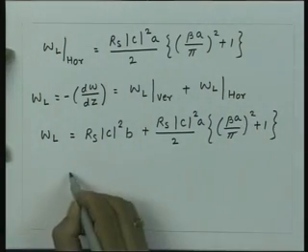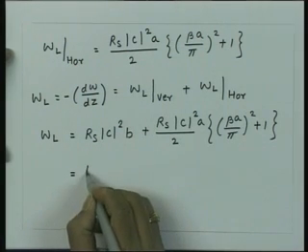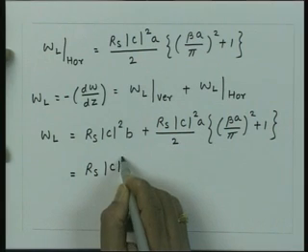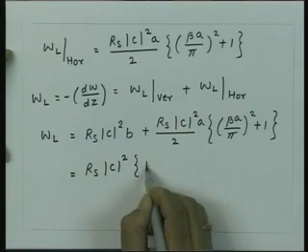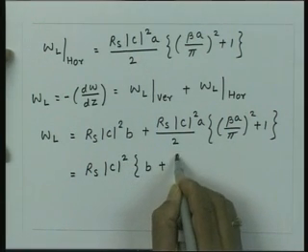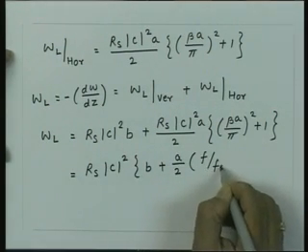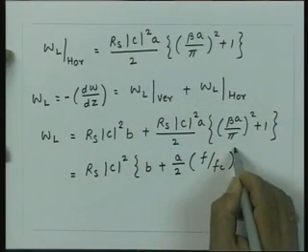So, if I do some rearrangement and write this expression, this loss is Rs |C|^2 times b plus a upon 2 into (f upon f_c) whole square.